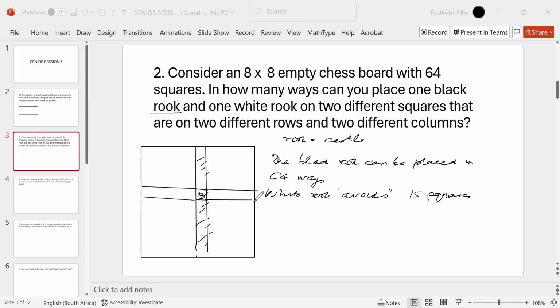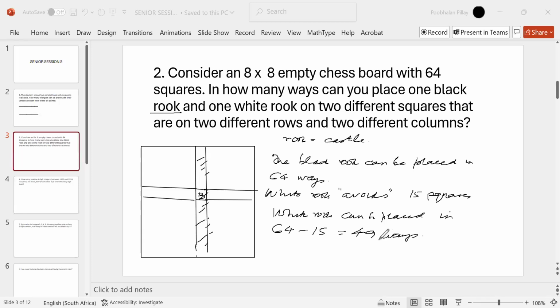Okay. So in other words, in how many ways can you place the white rook? You have to avoid 15 squares, so it's 64 minus 15 ways.